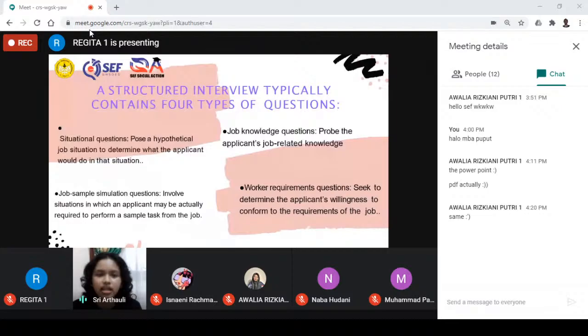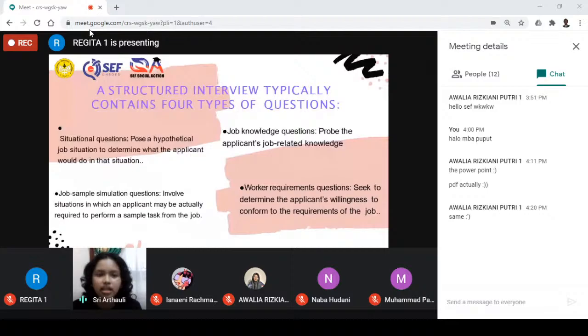Jadi kalau ketika melamar pekerjaan akuntan, harus tahu teman-teman seluk-beluk dari akuntansi tersebut. Karena aneh ya kalau misalnya kita melamar pekerjaan tapi we don't know anything about the job. Jadi harus dipersiapkan juga ketika ditanya nih seputar pekerjaan yang teman-teman lamar.